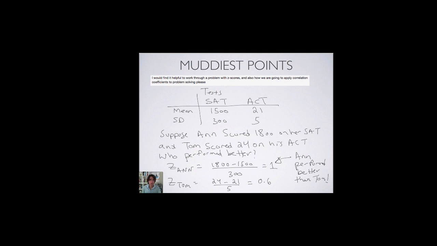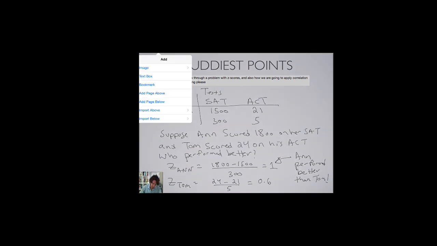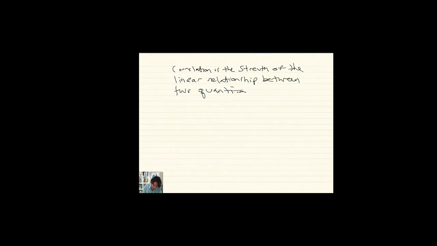Basically what we're going to say about correlation in this course is the following: correlation is the strength of the linear relationship between two quantitative variables.